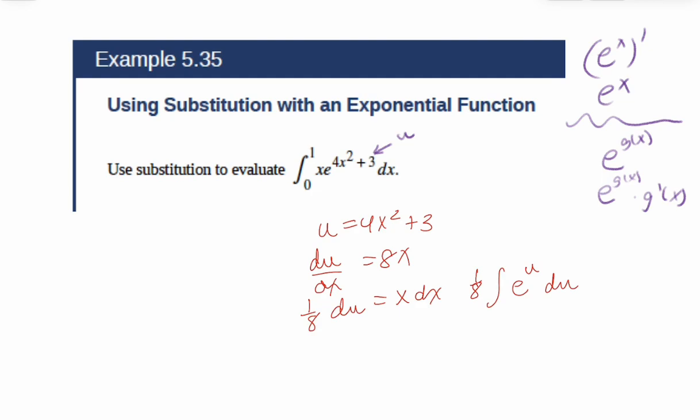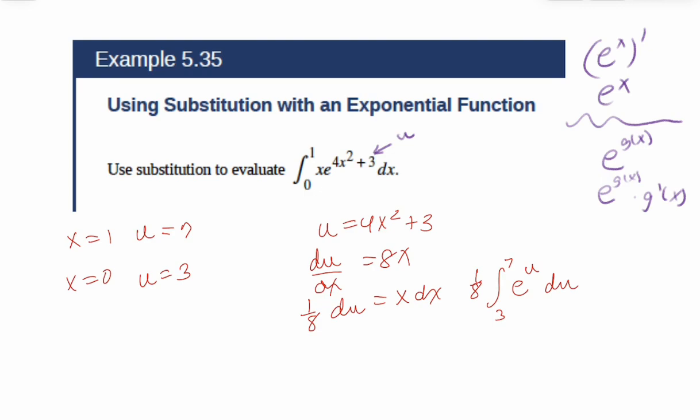Okay. So if x is equal to 1 and x is equal to 0, here's our equation for u, 4x squared plus 3. If we stick in 1, we get 7. So that's our upper boundary. If we stick in 0, we get 3. That's our lower boundary. We never have to deal with x's anymore. We're done with x's.